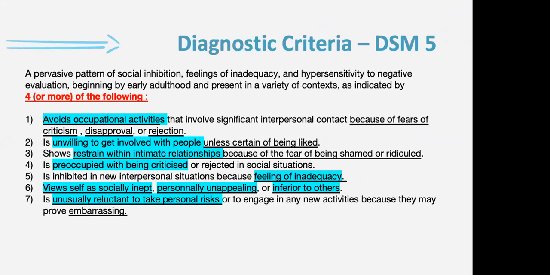Third, they show restraint within intimate relationships because they fear shame or ridicule. Fourth, they are preoccupied with being criticized. Fifth, they feel inadequate, view themselves as socially inept, personally unappealing, and inferior to others. And lastly, they are reluctant to take personal risks because they may prove embarrassing.